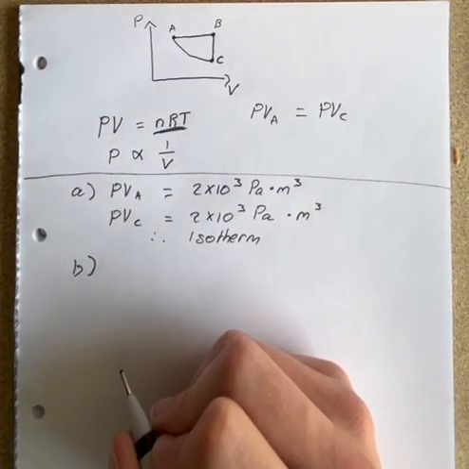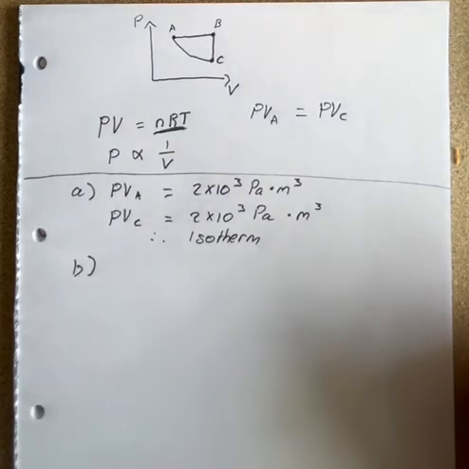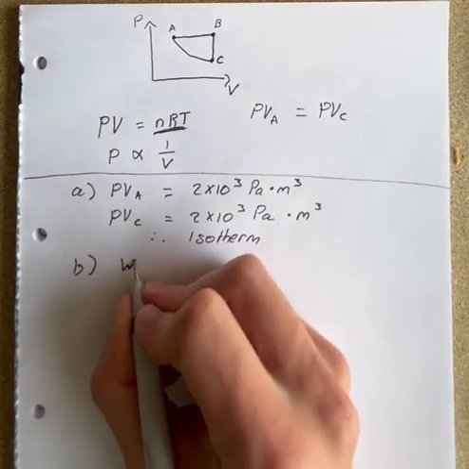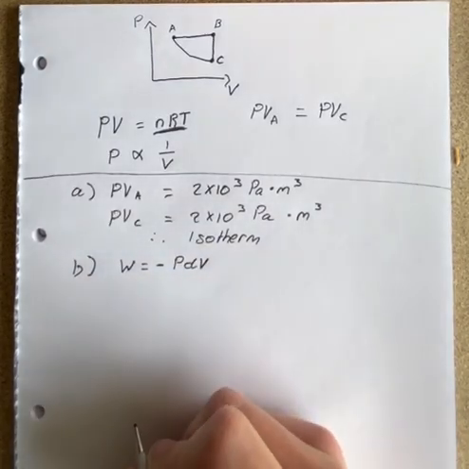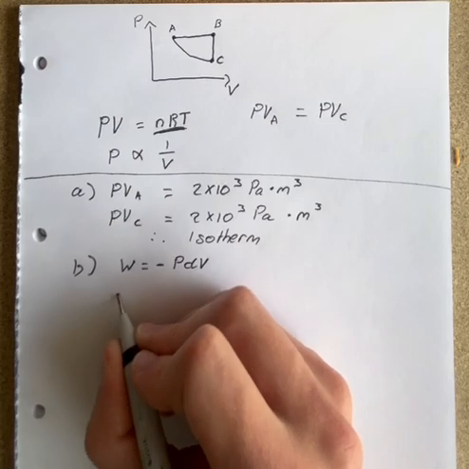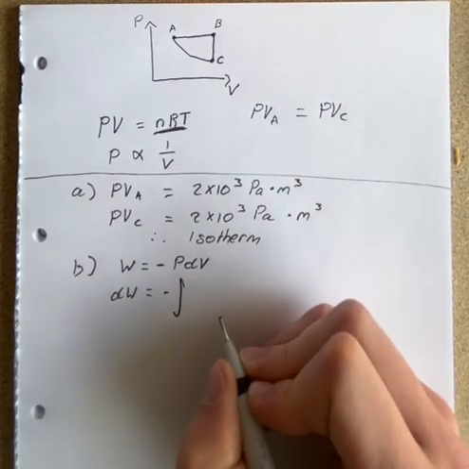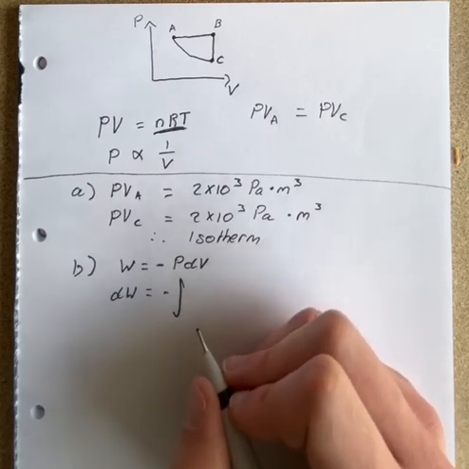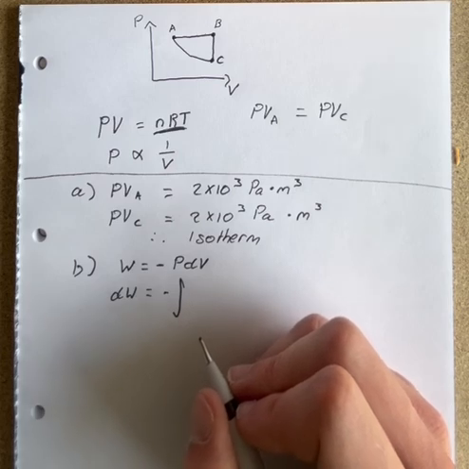Okay, part B. Calculate the work done on the gas during each of the 3 steps. So the first one is isobaric expansion, and we've already done this in the previous question, but I'm going to rewrite it again. So work is minus the integral of P dV, with P being a constant and volume changing. And so what is this integral from state A to state B?